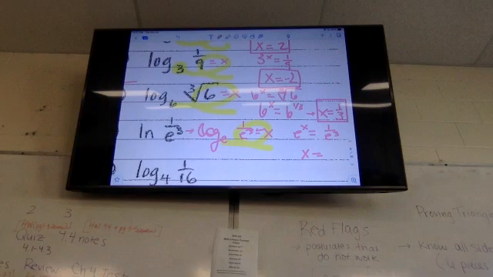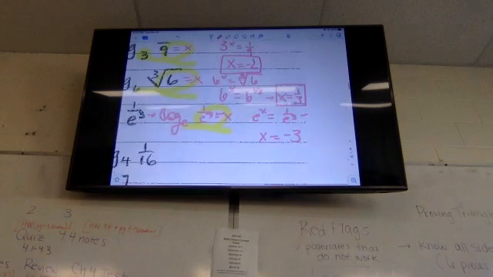Not a cube root. What makes it a fraction again? Negative as my exponent makes it a fraction, and the exponent is 3. So my x is -3. You can think of 1 over e to the 3rd as e to the -3rd.